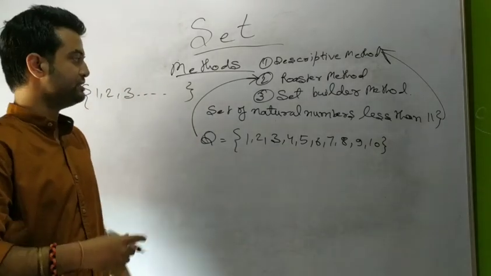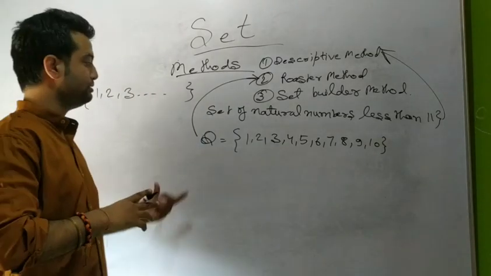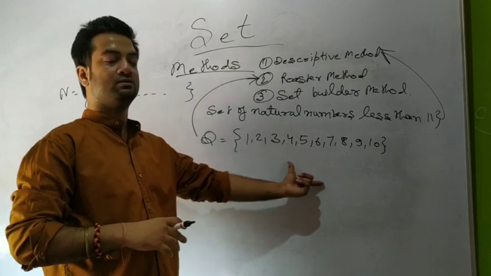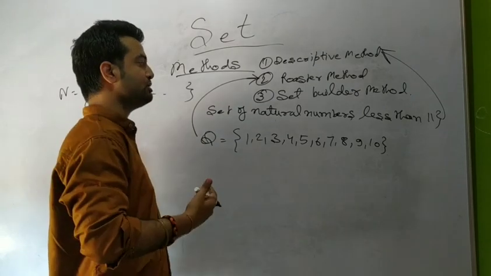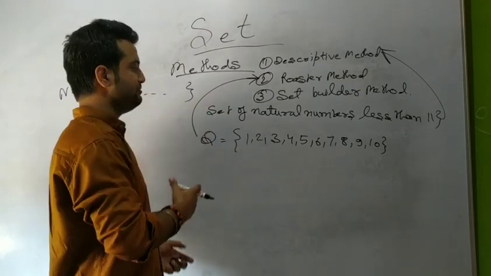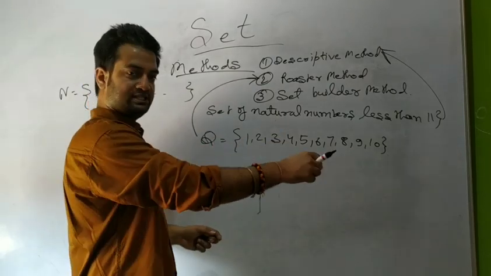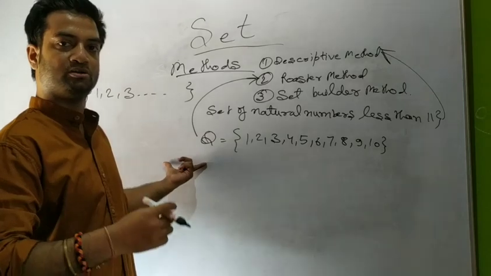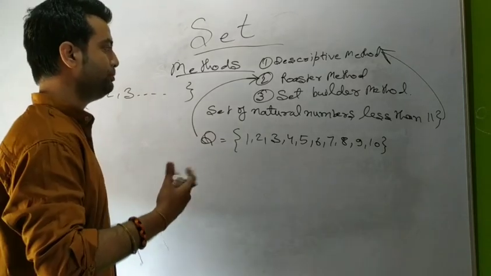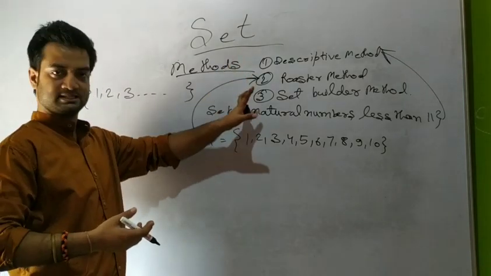Like when we said the set of the planets of our solar system, that was the descriptive method. And when we wrote each planet individually in curly brackets with commas, that was the roster method. I hope there is no problem in the roster method and descriptive method.